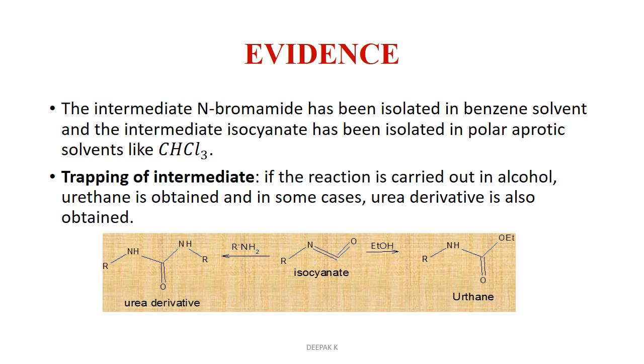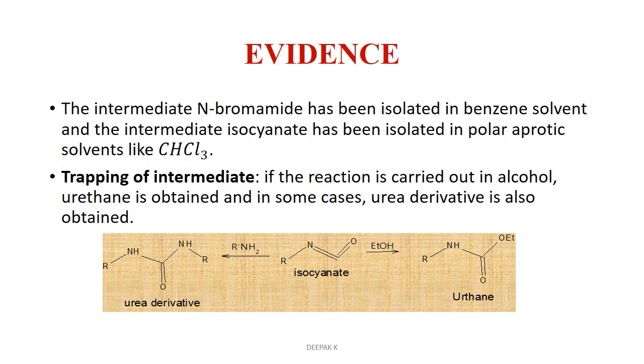And then how can you trap this intermediate? If you take the isocyanate and carry out the reaction in alcohol, ethanol, EtOH, what is happening there? It is EtO minus and H plus. So H plus will go to nitrogen, and OEt minus will go to the carbonyl carbon to give the urethane.